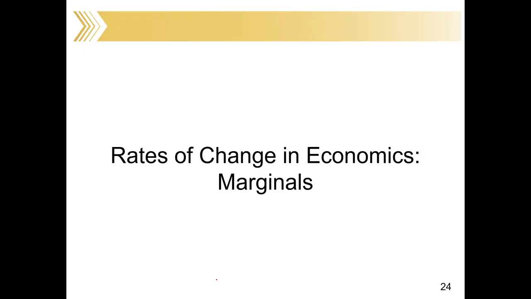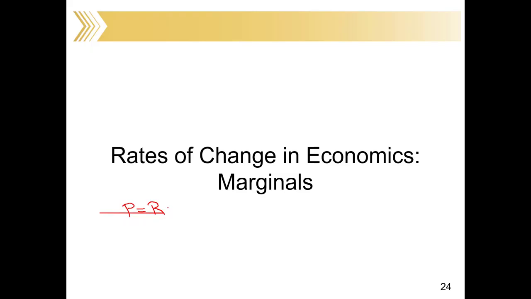Now we get to a little bit of business. Rates of change in economics, we're going to talk about those marginals. Remember, marginal cost, marginal revenue, marginal profit, they all go together. You might also remind yourself that we've got a simple formula which makes logical sense in terms of getting the profit.